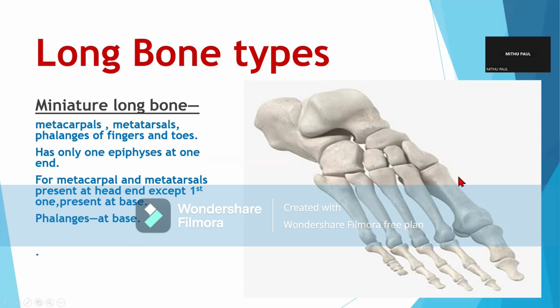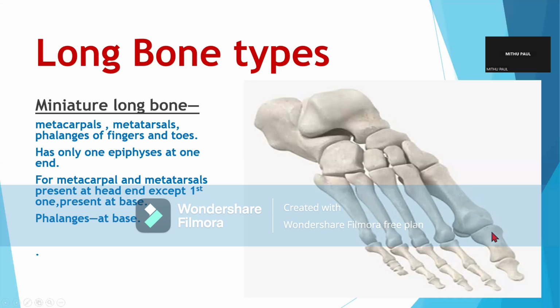Every one of them has one epiphysis. For the metacarpals and metatarsals, it is present at the head end, except the first one, where it is present near the base. But for the phalanges, both in case of the fingers and the toes, it is present at the base.